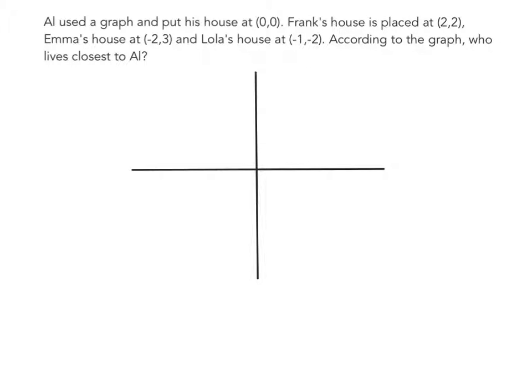So Al's house is at 0, 0. This is at the point of origin, so we want to make sure that we understand he's in the center. And let's just put an A to remind ourselves that it's Al's house. Frank's house is at 2, 2. So using my estimation skills, I'm going to run, remember, run before you jump.